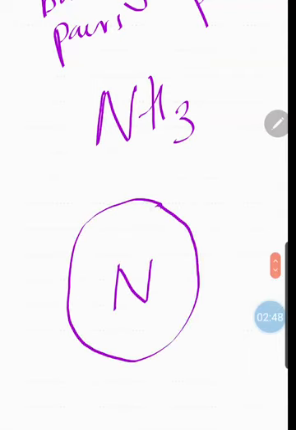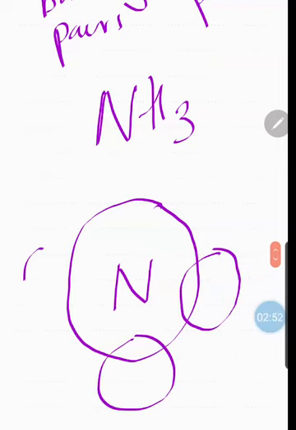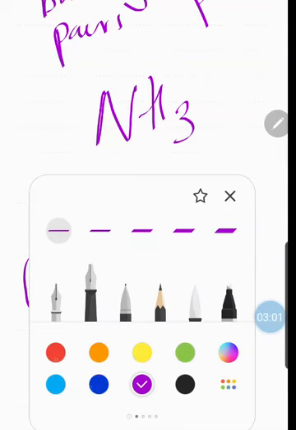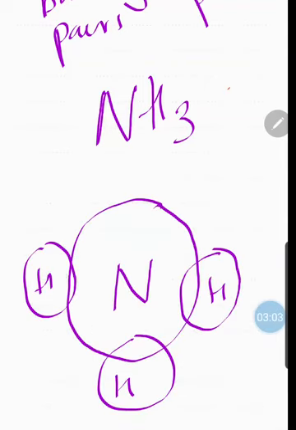So nitrogen is in group 5, so it has 3 hydrogens bonded to it. So nitrogen shares an electron with each hydrogen. That leaves a pair of electrons spare.